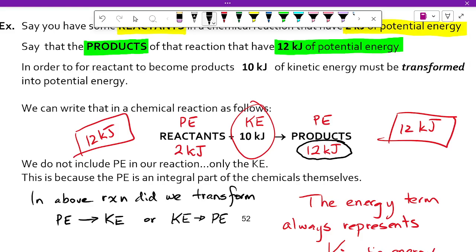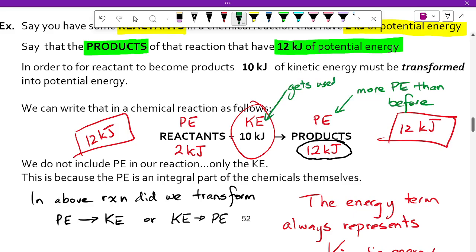We have more potential energy than we did before, right? And that kinetic energy got used up. What does it get turned into? It gets turned into potential energy. So we took kinetic energy and we turned it into potential energy.